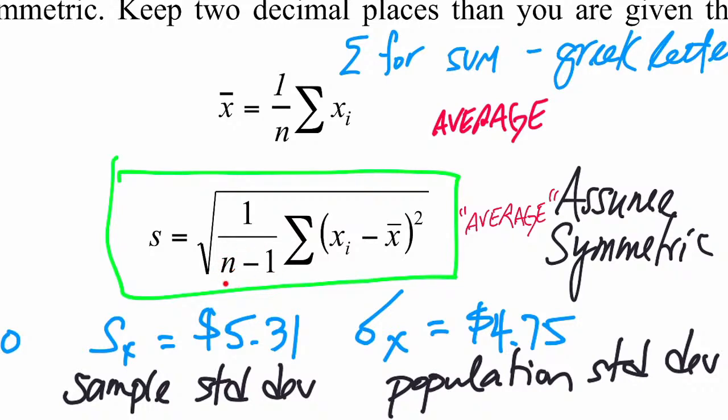And the reason for dividing by one less has to do with the fact that in this formula, I'm using another statistic to get a statistic. When you do that, you lose what's known as a degree of freedom, okay? Because every value you introduce into a computation introduces a degree of randomness.